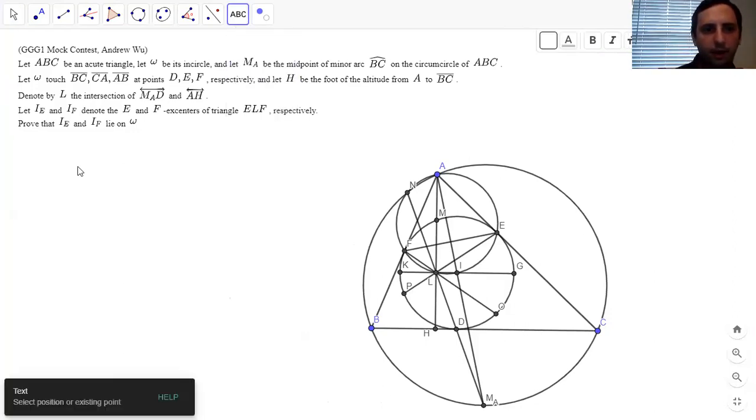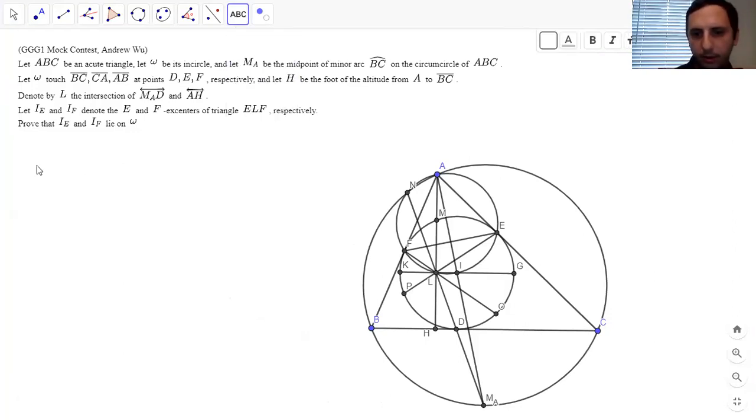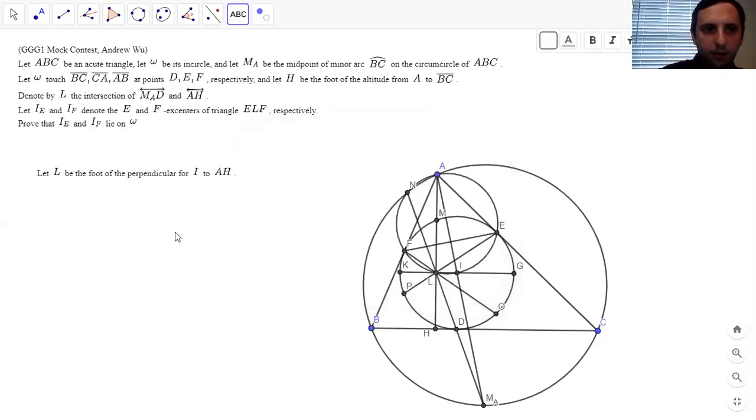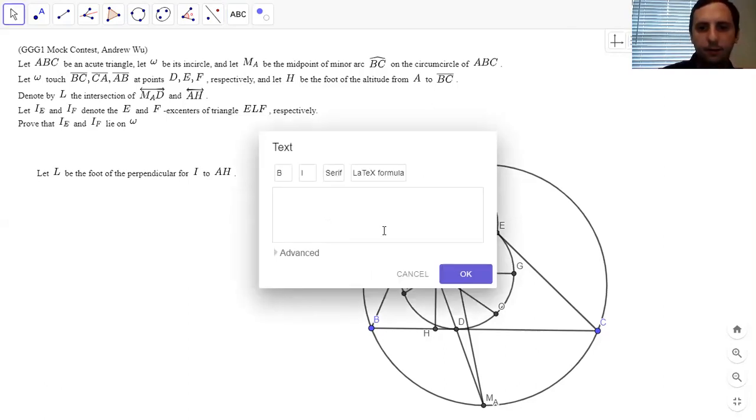So first I'll define L. Let L be the foot of the perpendicular from I to AH. All right. And then by the video on the Sharky Devil configuration, M, A, D, and L are collinear.